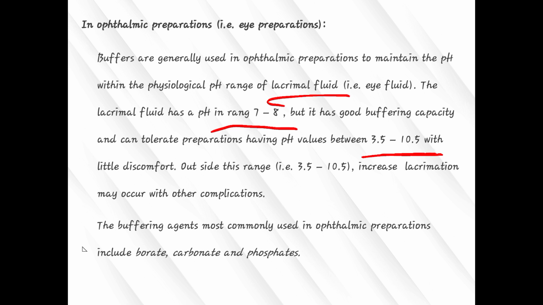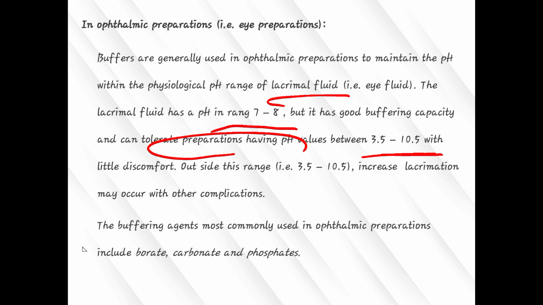The lacrimal fluid has a pH of 7 to 8, but good buffering capacity, and it can tolerate preparations having a pH between 3.5 and 10.5 with little discomfort.